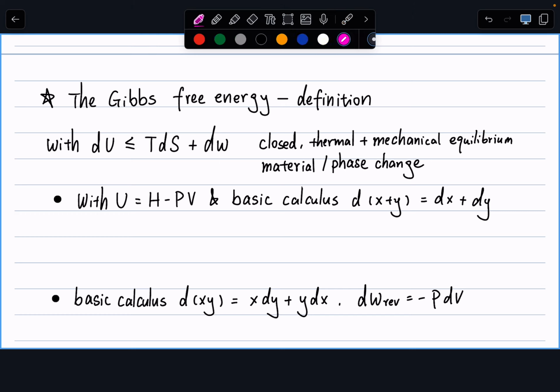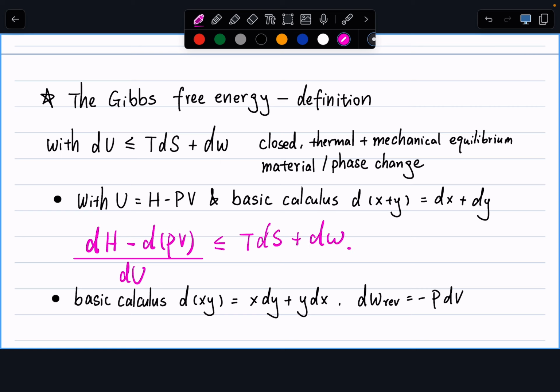So we can rewrite U as H minus PV, so this one is your dU written out, smaller than or equal to TdS plus dW.